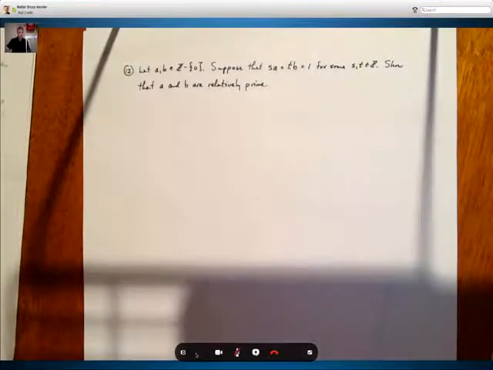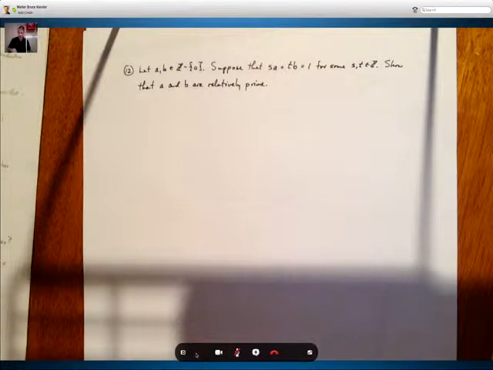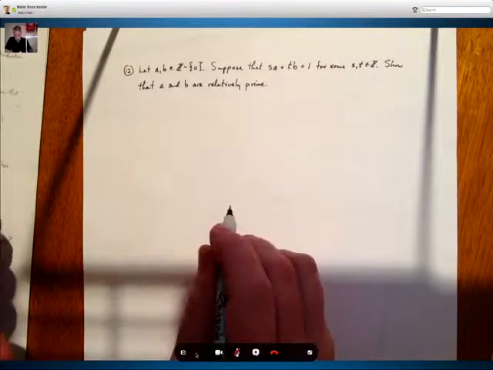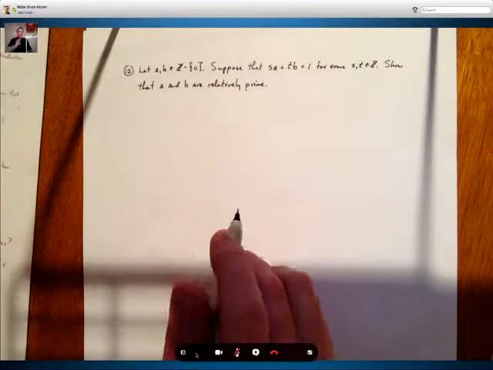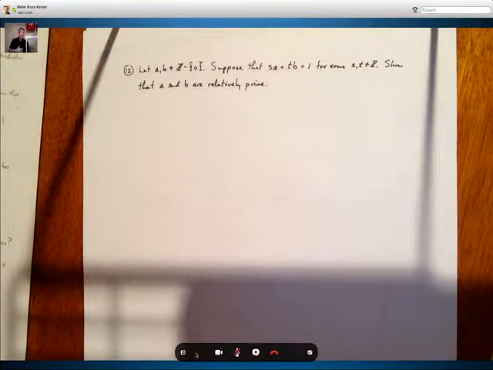Problem 12, we've got A and B are non-zero integers. We suppose here that S times A plus T times B is 1 for some integers S and T. Show that A and B are relatively prime. Relatively prime means they have no common prime, and that's kind of hard for us to show sometimes.